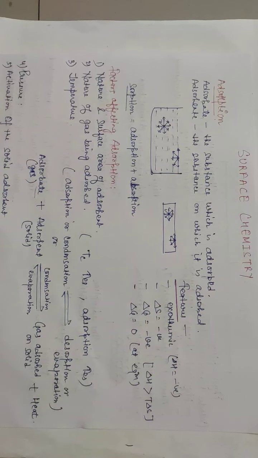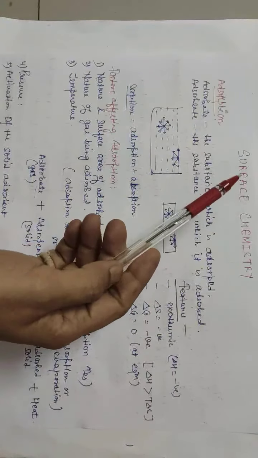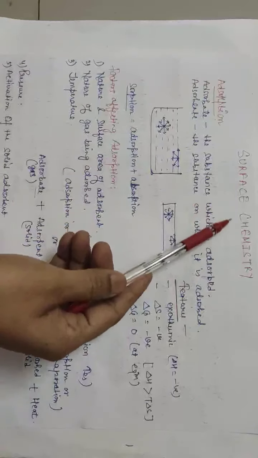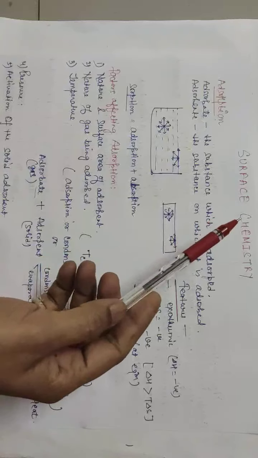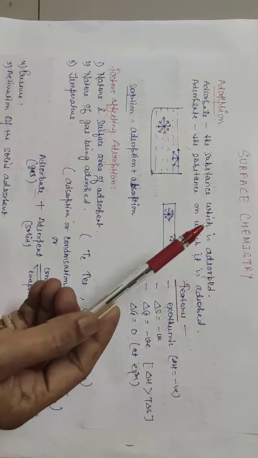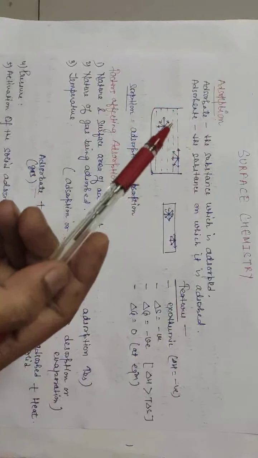I am going to start a new chapter named Surface Chemistry today. So, surface chemistry is that branch of chemistry which deals with the study of the phenomena occurring at the surface or interface.